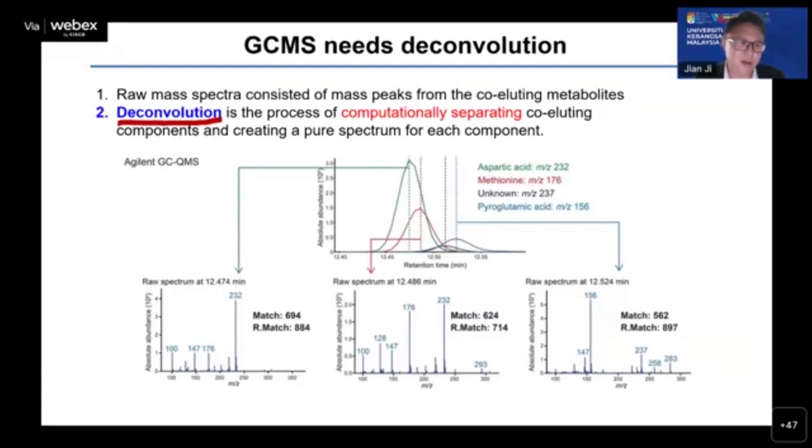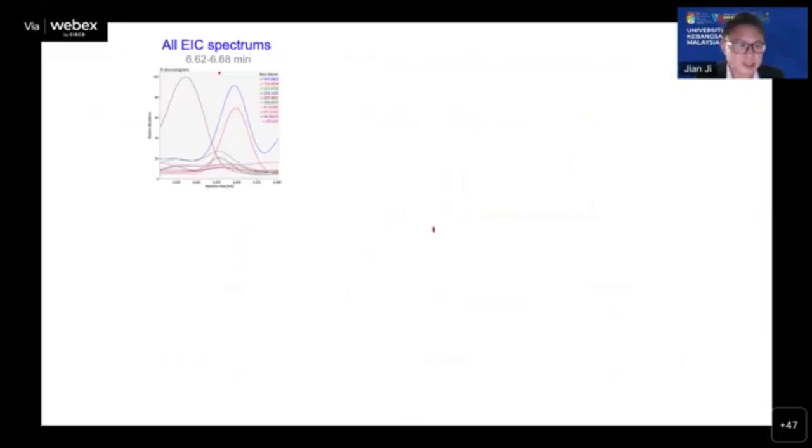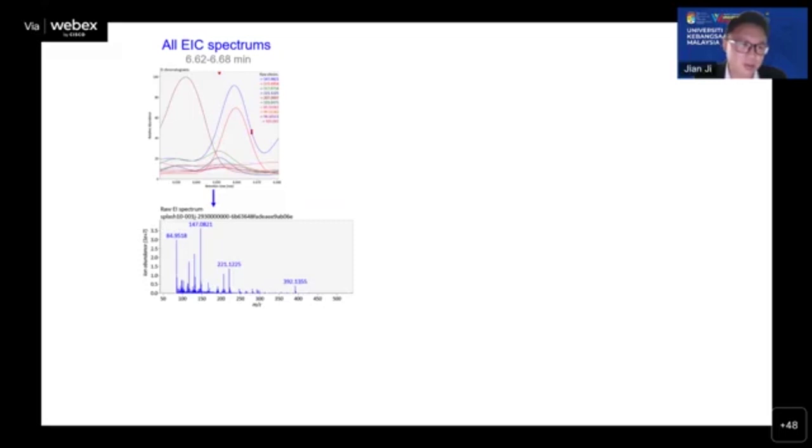We have to do the deconvolution to separate them into three different spectra from three different compounds. Here is an example. If I double click the time point between 6.3 and 6.68, you will get a spectrum. We call it the raw EI spectrum.